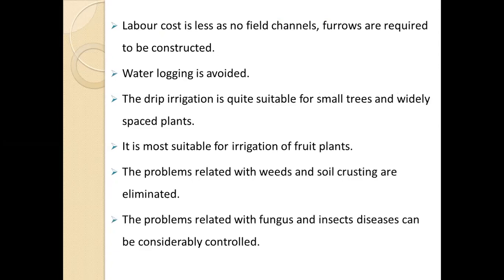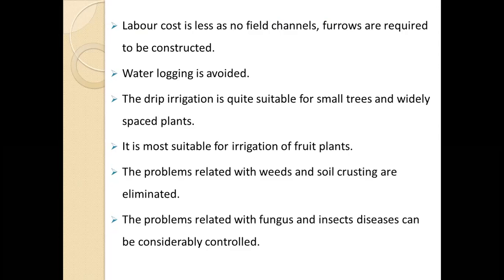Labor cost is less because there are no field channels or furrows required to be constructed. Waterlogging is avoided. Drip irrigation is generally suitable for small trees and widely spaced plants, and also for irrigation of fruit plants.